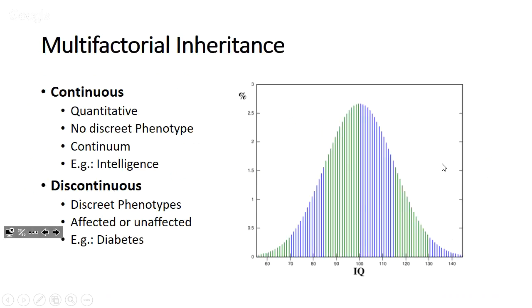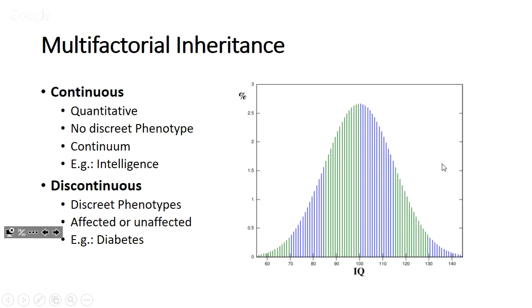And this is what we talk about when we're talking about the continuum. So you've got sort of a bell curve here where there's no discrete phenotype. You don't have a phenotype that's either one way or another. You've got multiple phenotypes occurring because you've got multiple different genes that are coding for the trait. So, for example, like IQ or height.